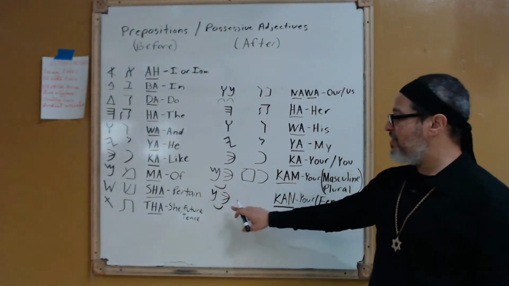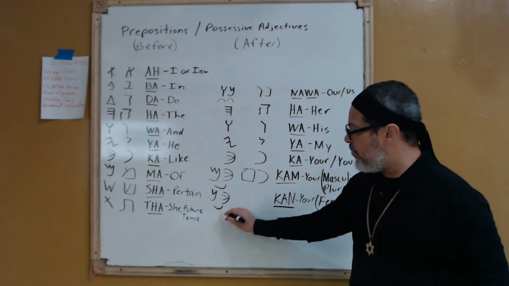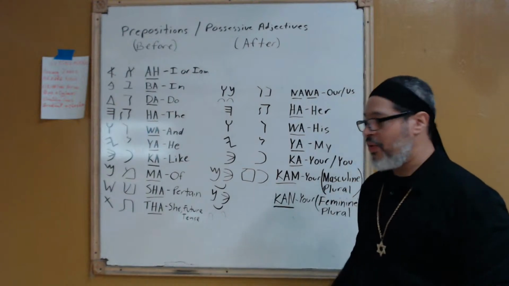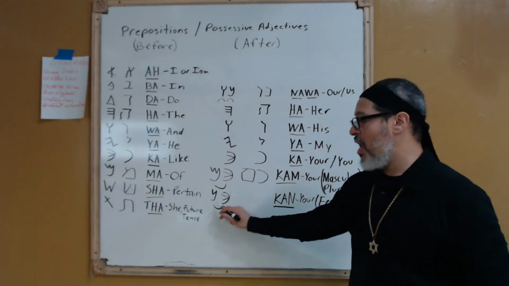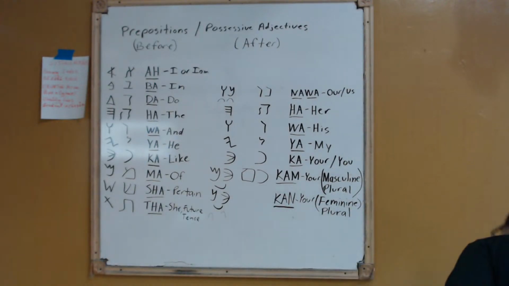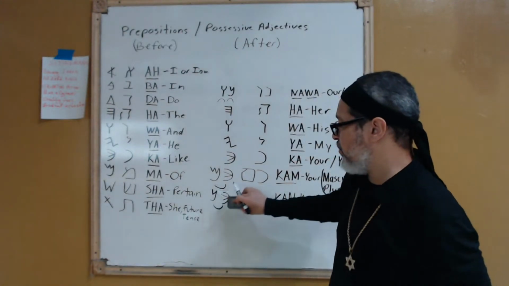It's not pronounced "kana", because if it were "kana", there would be a connector that way and a connector that way. That would say "kana", but this is "kan", one syllable. So therefore, it's the smiley face to connect the two letters.